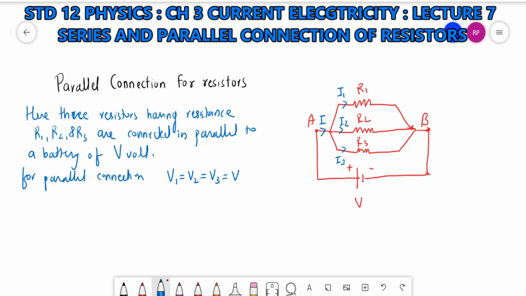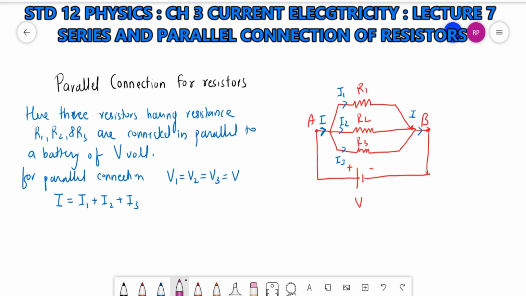Now see the total current I, it is distributed into three parts, I1, I2, and I3. And when you consider here at point B, again it will be I. So the current I is equal to I1 plus I2 plus I3.